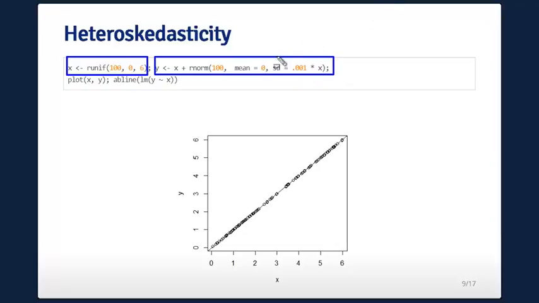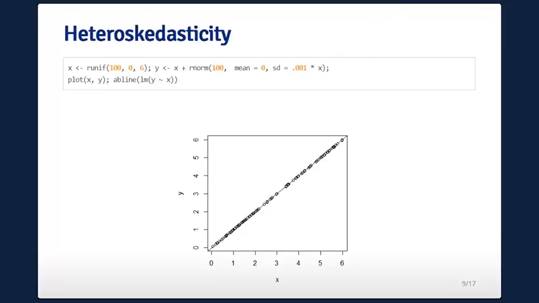But notice my standard deviation of my normal actually depends on x, right? That's called heteroscedasticity. One of the assumptions of our model is that sigma was constant.